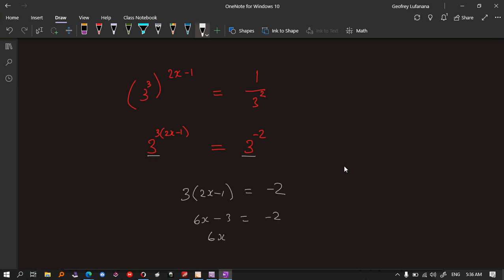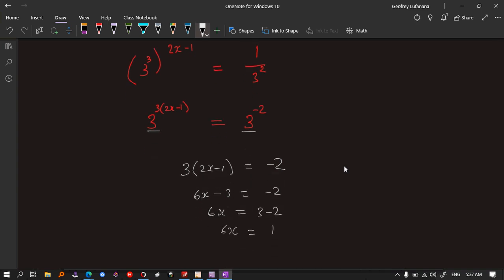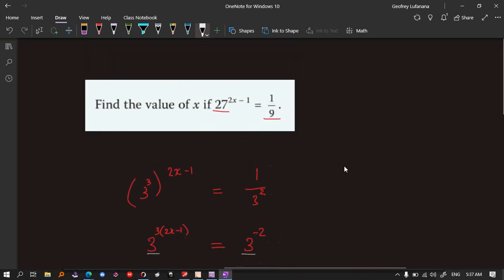If I add 3 on both sides, I have 6x equals 3 minus 2. 6x equals 1. At this point, x is equal to 1 over 6.